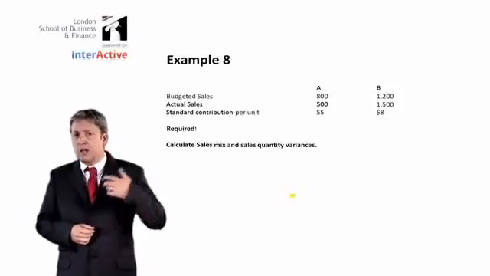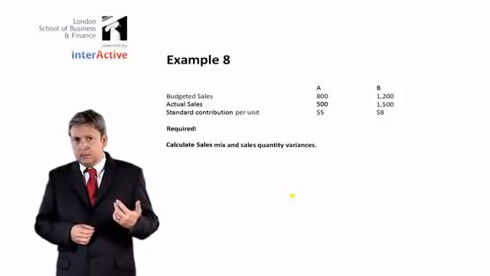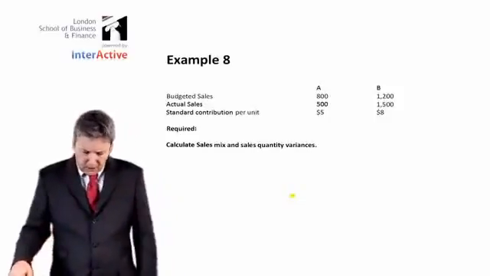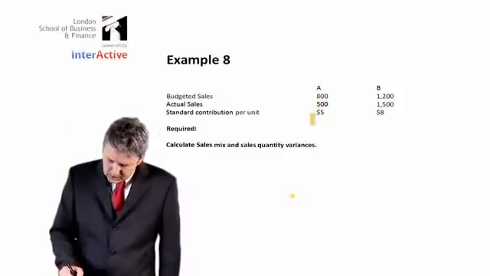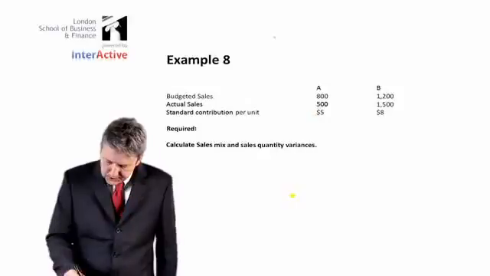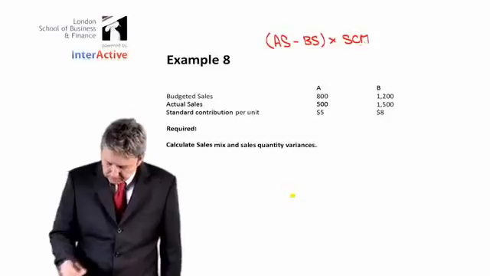Nothing like as difficult to say as mix and yield. If we just look at the information in the question here, we're given budgeted sales and actual sales. We're also given the standard contribution. Now we have to remember that the volume variance is simply actual sales minus budgeted sales multiplied by, in this case, the standard contribution margin.